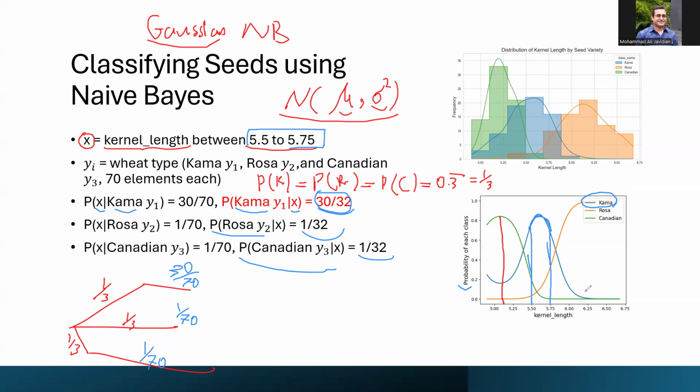So that's the way the Gaussian naive-Bayes model works.